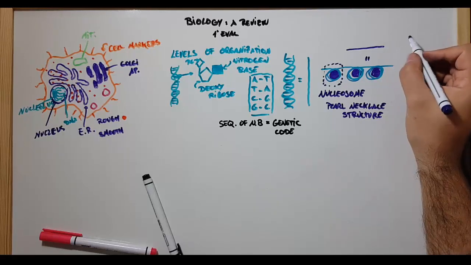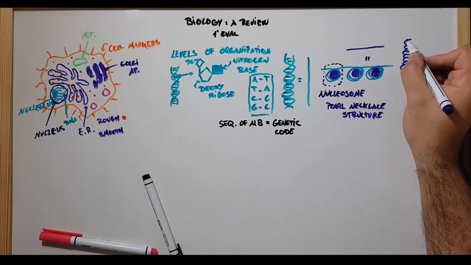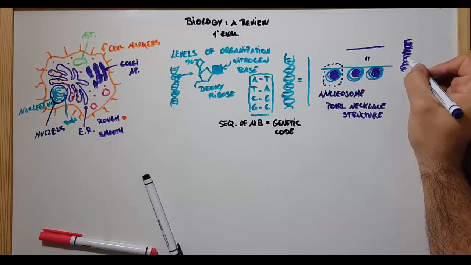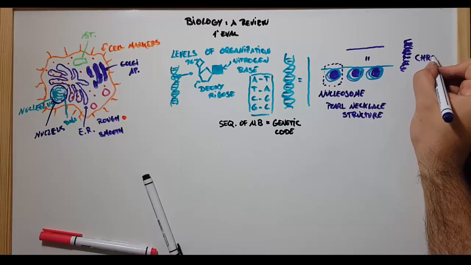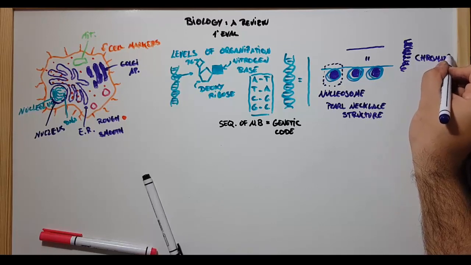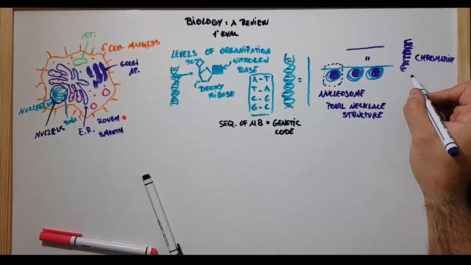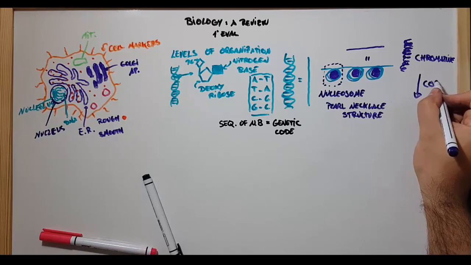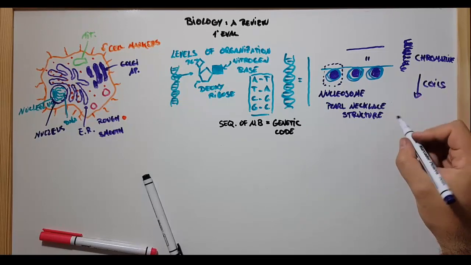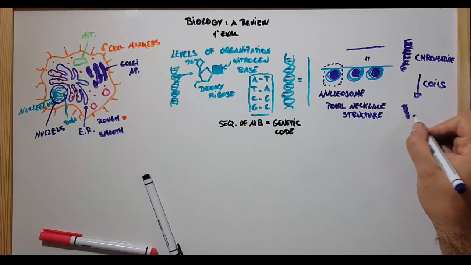So if this line starts coiling up like this, with all the nucleosomes all together, it's going to form chromatin, and if the chromatin super condenses or coils, it's going to form chromosomes.